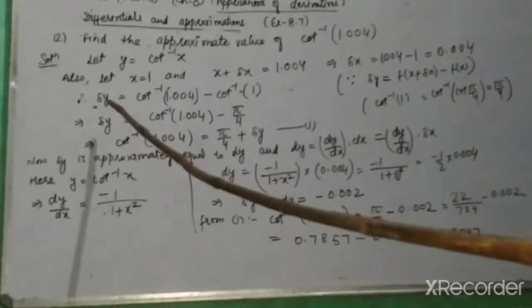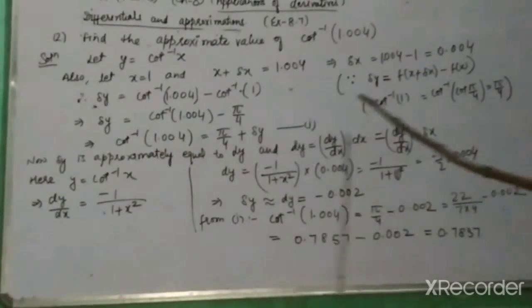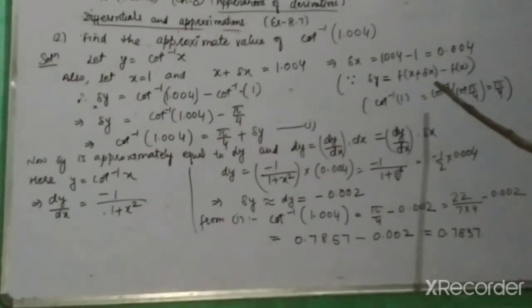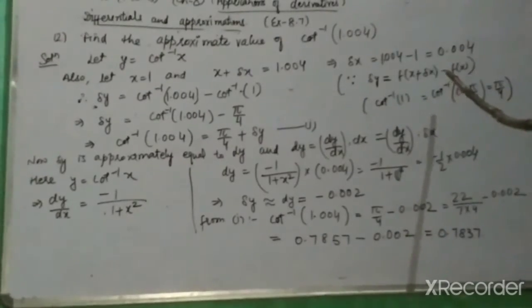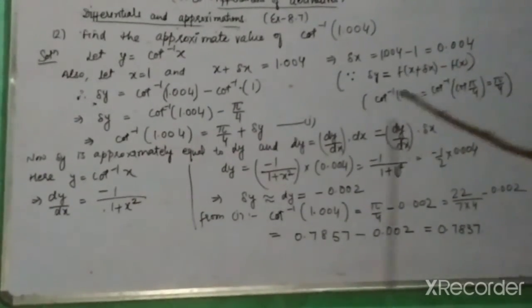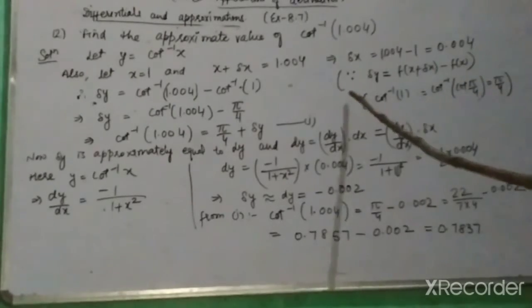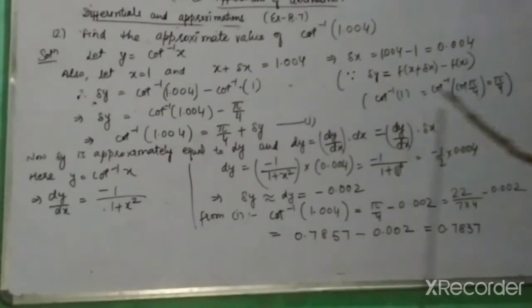Okay. Now del y, all of you know that del y is f of x plus del x minus f of x. This is the corresponding change in y with respect to the change in x. So if there is a change del x in x, then there is a change del y in y.